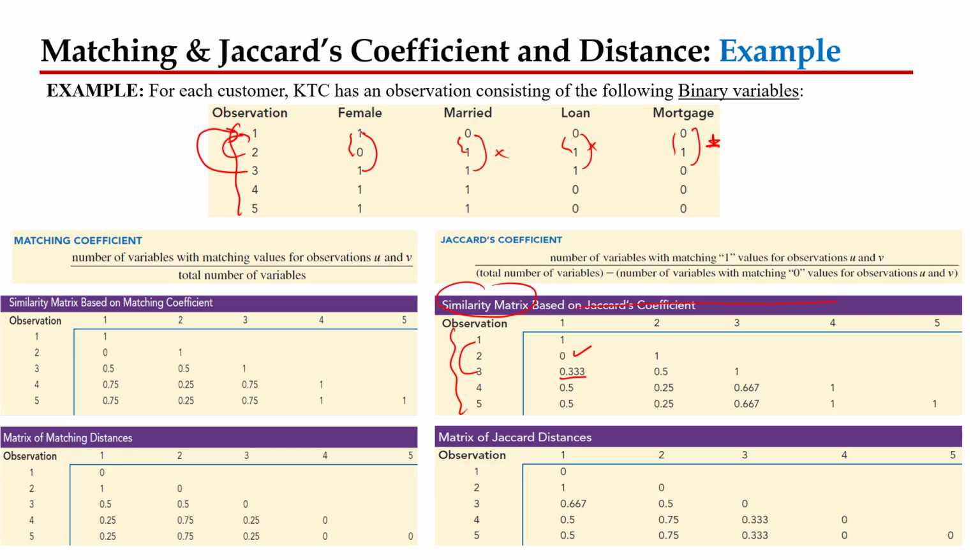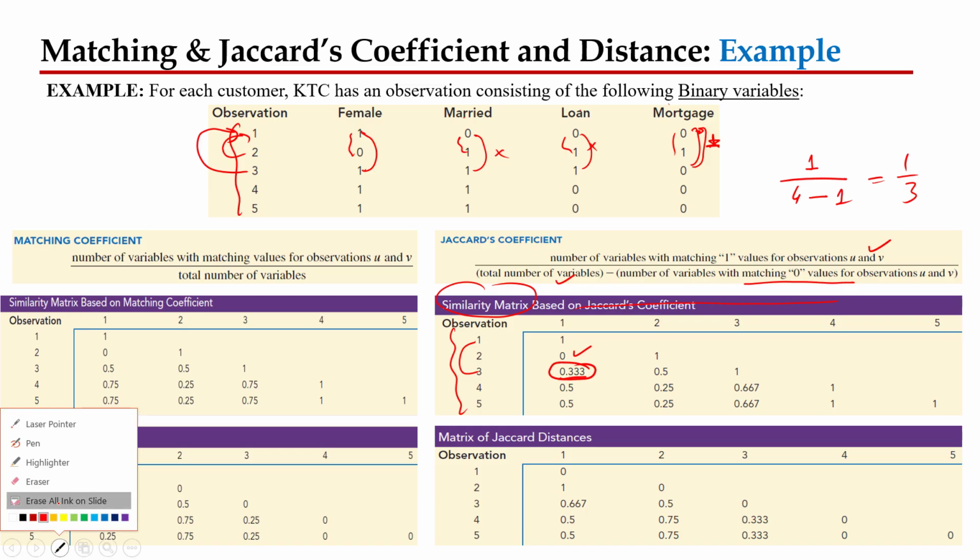So the numerator value, only 1 1 is common, so this is going to be 1, divided by the total number of variables, which is 4, that is total number of features, minus the number of observations having the 0 common, that is only the one. So we are getting 1 by 3, which means 0.33 is going to be the similarity between the third and first according to the Jaccard's coefficient.